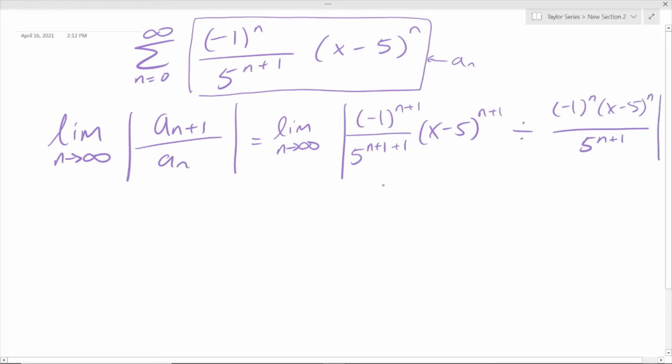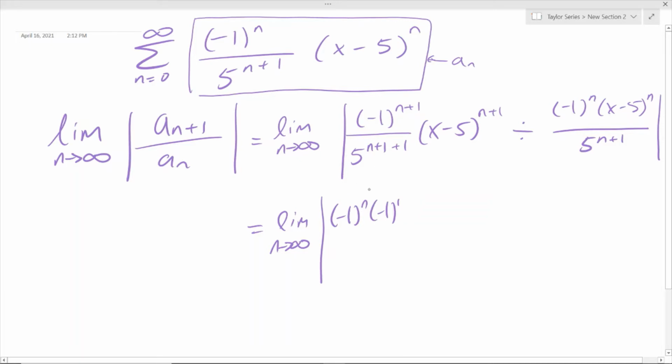Okay, so now we have this, and now let's flip the fraction, the second fraction. And in the meantime, while we do that, let's save some time. So let's change this to -1 to the exponent of n times -1 to the exponent of 1, because we're adding these exponents. According to exponent laws, we add these two together and we will get this.